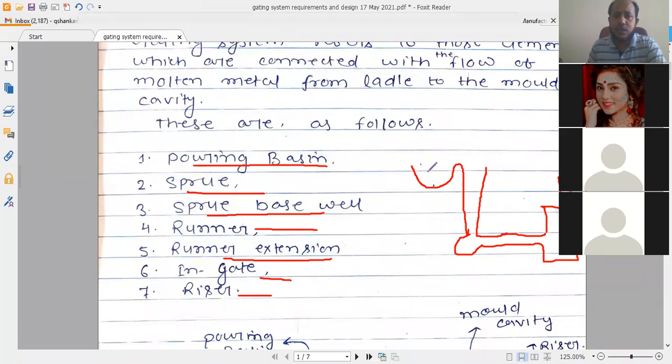Here it is called the pouring basin, where the molten metal will be poured.